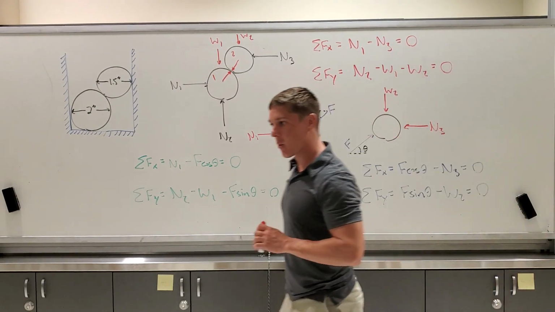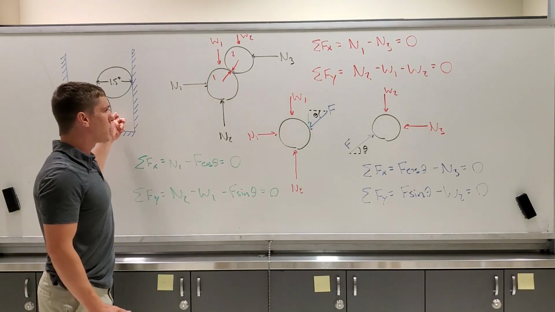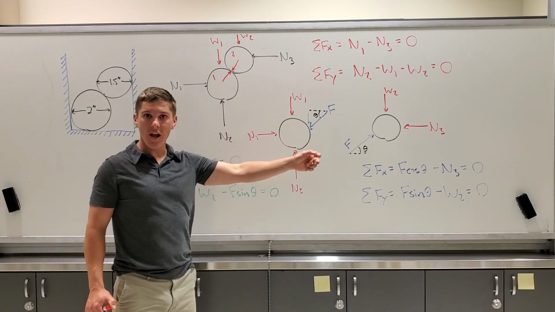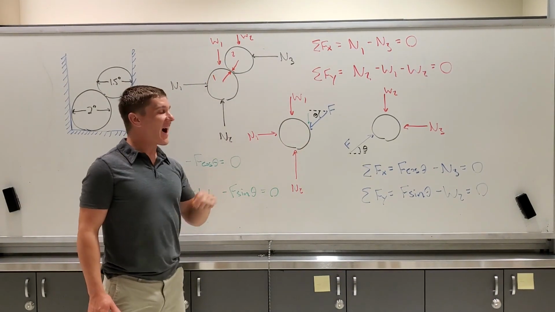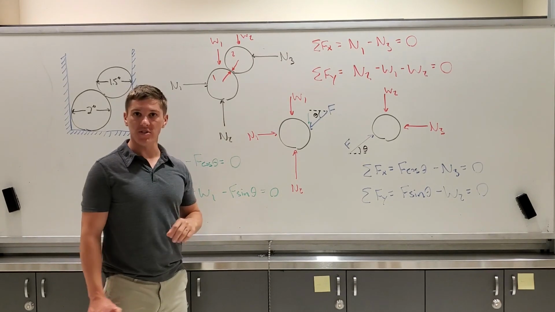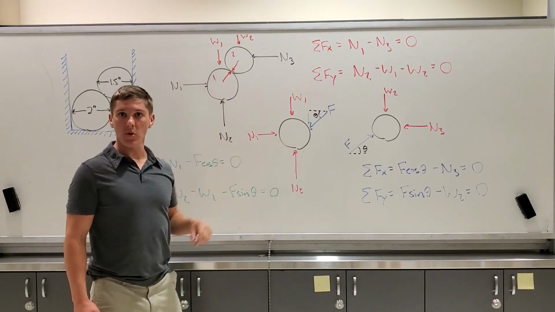So this is the big takeaway when we're analyzing a system of particles: even though, for instance, when we have 2 particles, we can draw 3 different free body diagrams, in order to solve the problem, I only need to pick 2 of the different free body diagrams. So I can pick any 2 that I choose to analyze.